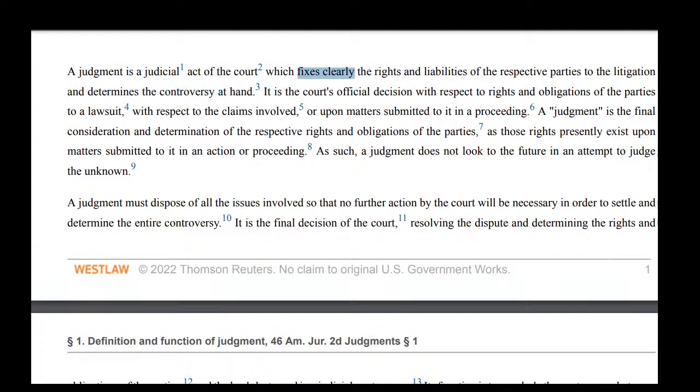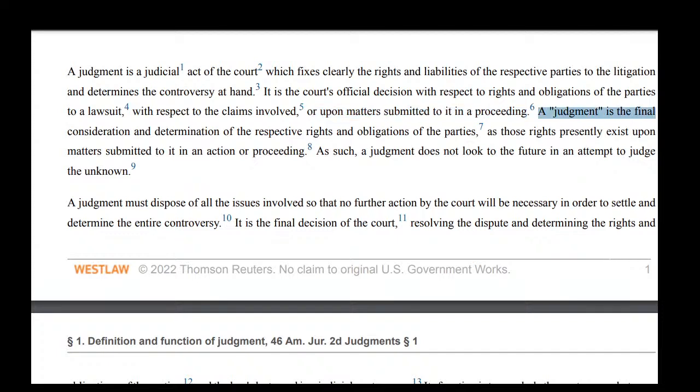It is the court's official decision with respect to rights and obligations of the parties to a lawsuit with respect to the claims involved, or upon matters submitted to it in a proceeding.